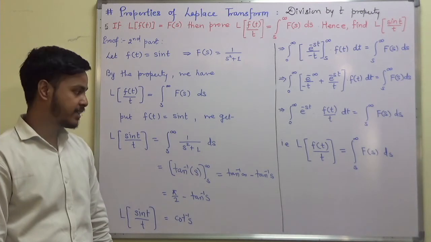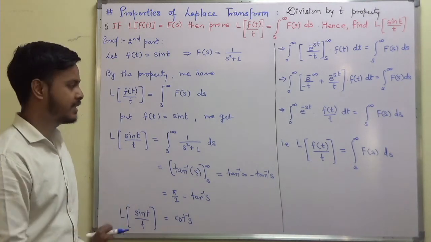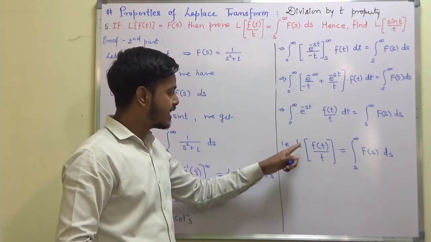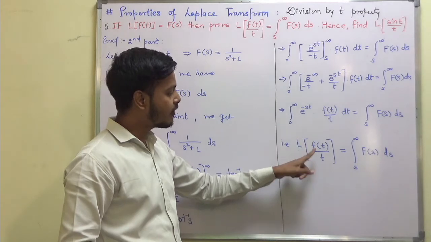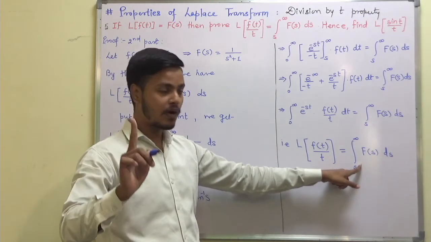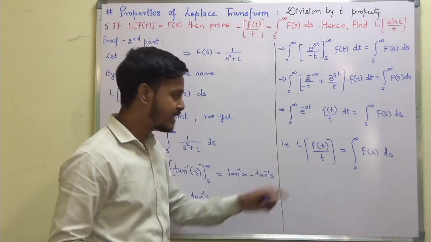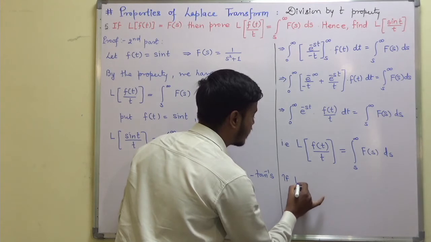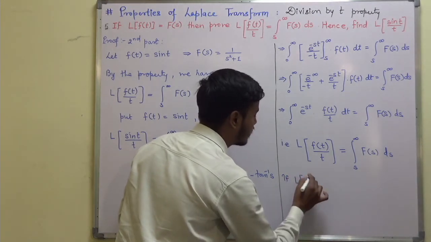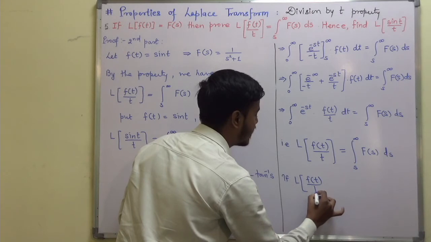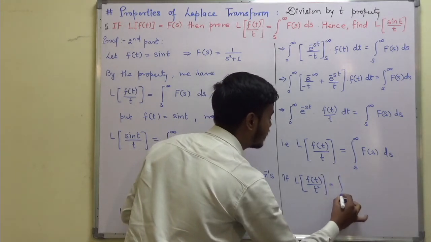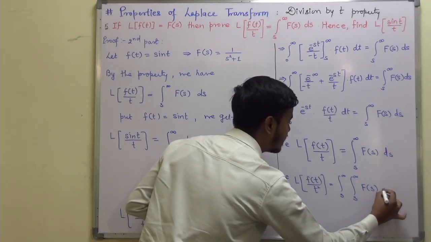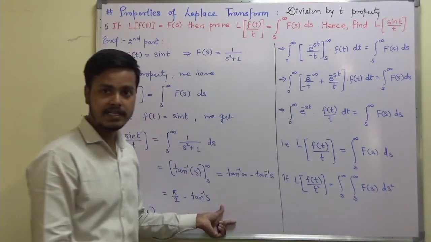Okay. So are you getting it? Yes. Now one extension to this theorem. As you can see, this is Laplace transform of f(t) upon t. How many integrations? 1. If t to the power 1, 1 integration. If Laplace transform of f(t) by t square, then you have s to infinity f(s) ds twice.